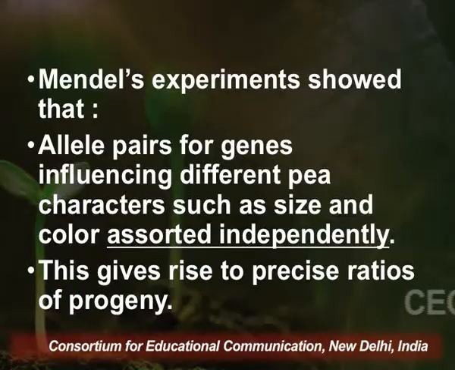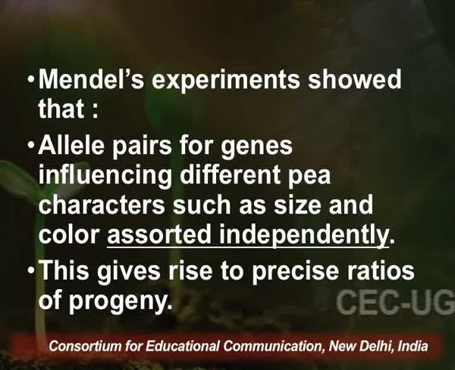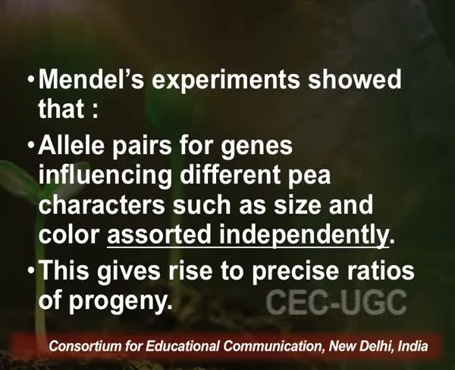Just to recapitulate a few fundamental points, Mendel's experiments had earlier shown that the allelic pairs for genes influencing different characteristics, for example size and color, had a characteristic to get assorted independently.